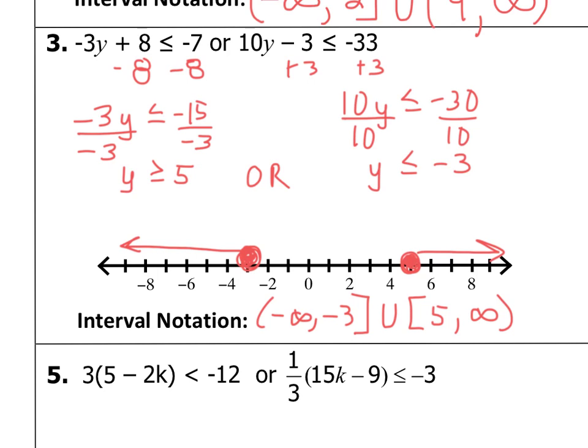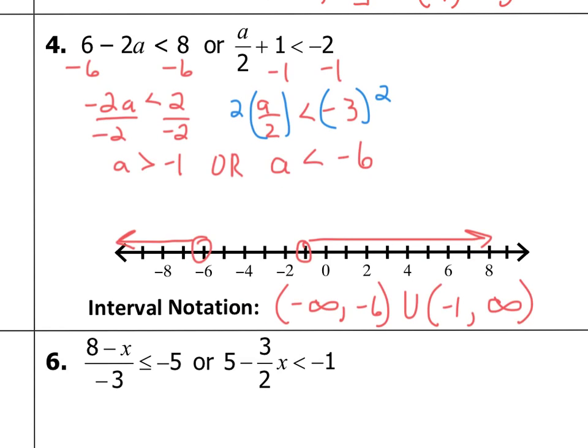Here's the solution to number 3. Here's the solution to number 4. Notice that I always write everything left to right, least to greatest, and you should do that as well because that's standard notation.